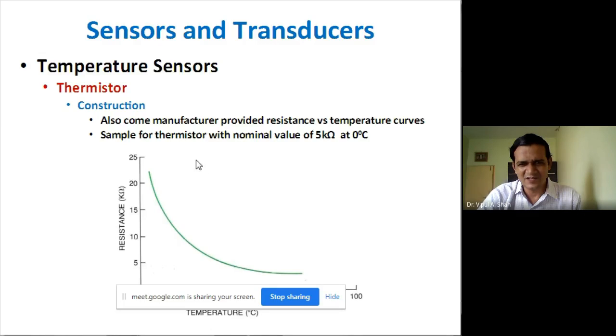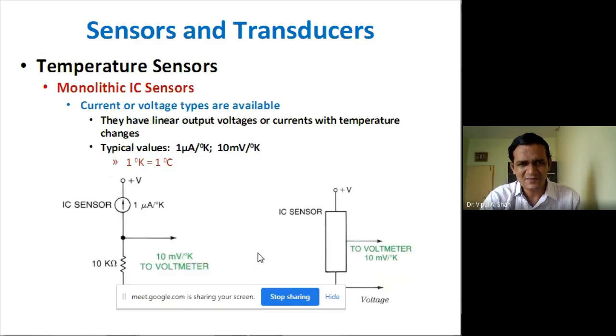So this is a sample for a thermistor with a nominal value of 5 kilo ohm at 0 degrees Celsius. And this is the temperature graph as and when resistance is changing. So it has a negative temperature coefficient for resistance. So as and when the resistance increases, the temperature will decrease, and so on.